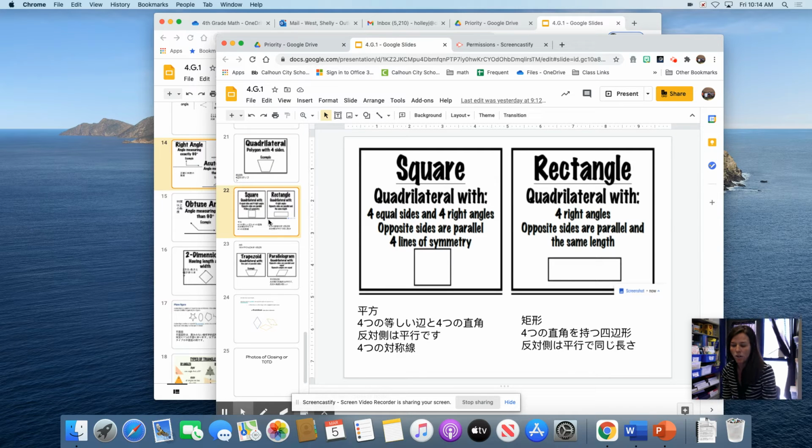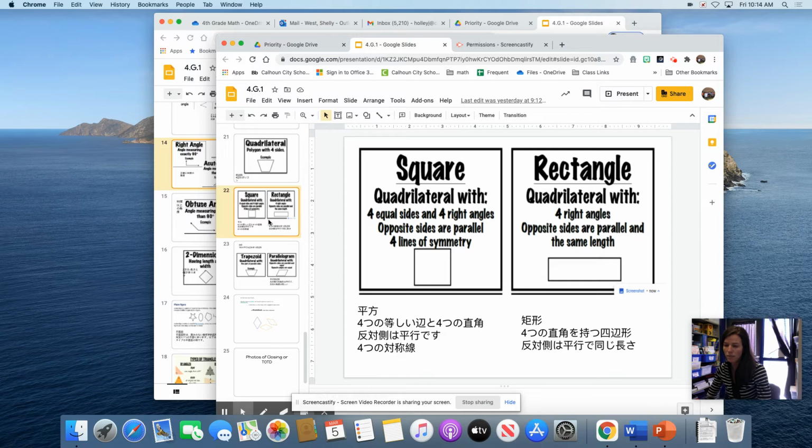Now, in our geometry unit, we are going to be classifying shapes, and you did that in 3rd grade. I believe you did it in 3rd grade in person, and the square was one shape that you definitely talked about. So a square is a quadrilateral, and what is a quadrilateral again? It has 4 sides. So a square has 4 equal sides and 4 right angles. The opposite sides are parallel and it has 4 lines of symmetry.